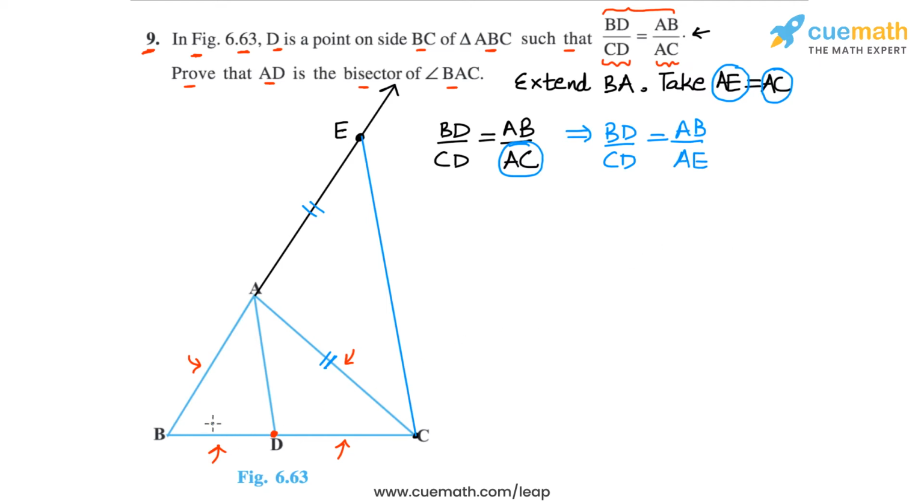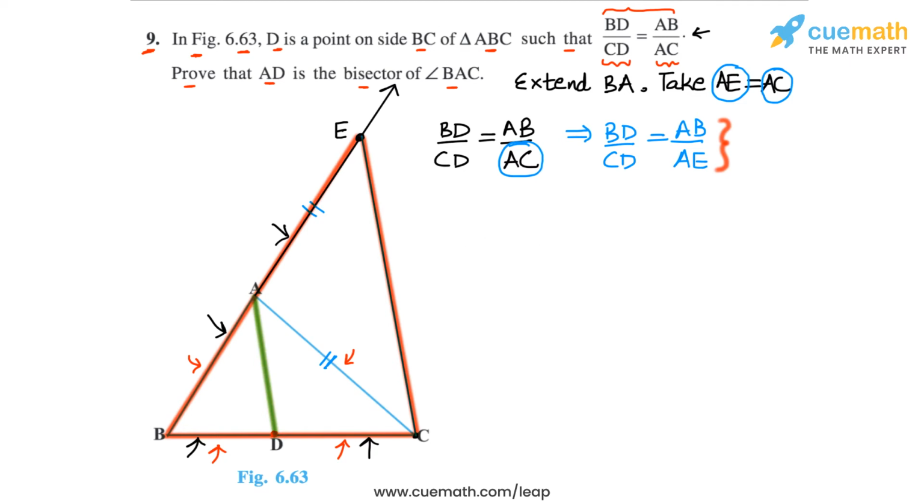Now I want you to observe the triangle BCE carefully. So triangle BCE, I am highlighting this triangle. And in this triangle, what does this equality mean? This equality that BD by CD is equal to AB by AE. Well, if these two ratios are equal, this immediately tells us that this segment DA must be parallel to CE.